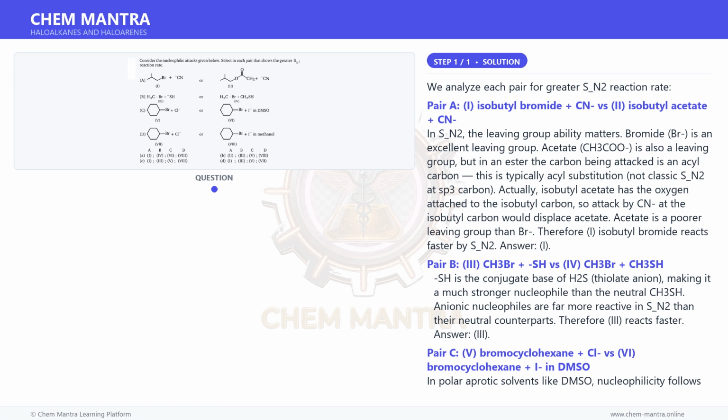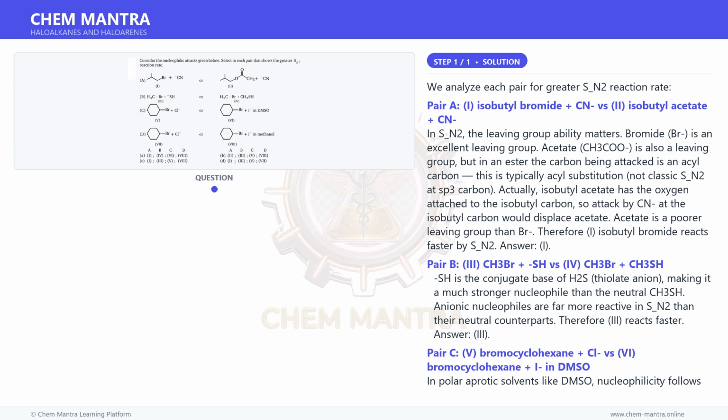However, looking at the answer key carefully, answer C says C, 5, meaning bromocyclohexane plus Cl- is faster than bromocyclohexane plus I- in DMSO. This seems counterintuitive unless we consider that in DMSO, iodide's advantage is diminished compared to protic solvents, or the question considers thermodynamic driving force, Br- versus I- leaving group.